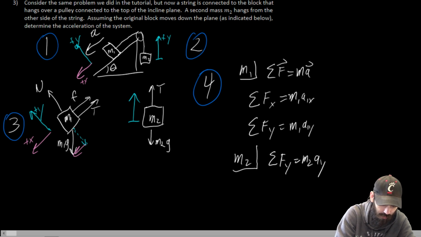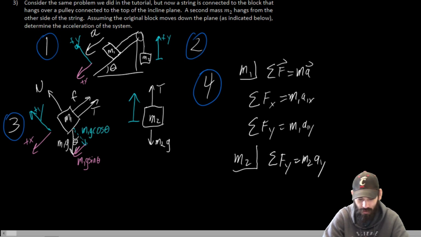Because this is the angle theta, this side right here is going to be m1g times sine of theta, and this one right here is going to be m1g times cosine of theta.